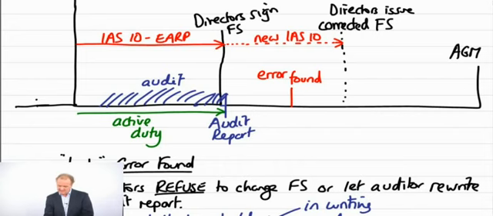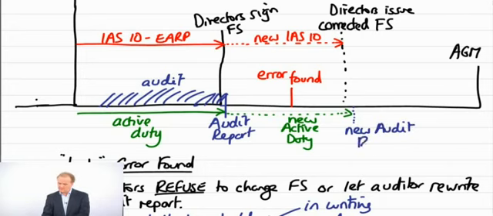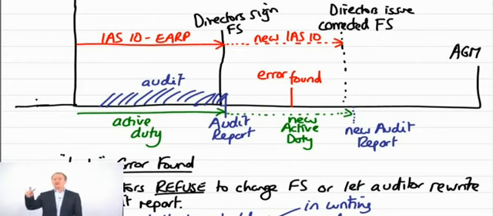And that means the auditors have got to audit it. So you get new active duty by the auditors before the signing of a new audit report. So that is the tricky bit to remember. Mistake found afterwards. If the directors reissue the accounts, you'll need a new audit report as well, and you'll have to audit up to today.